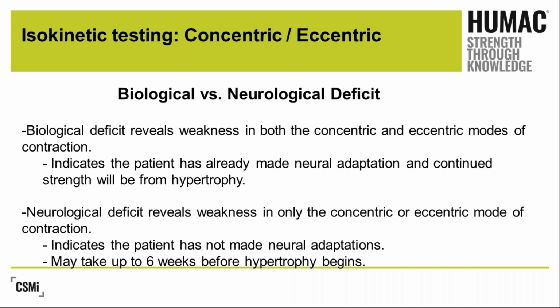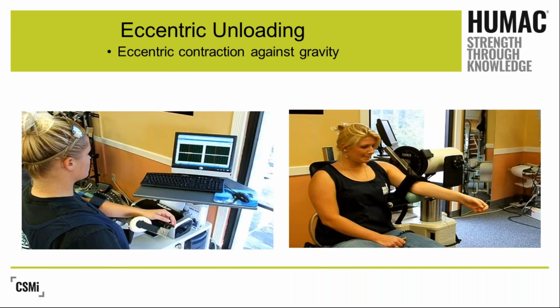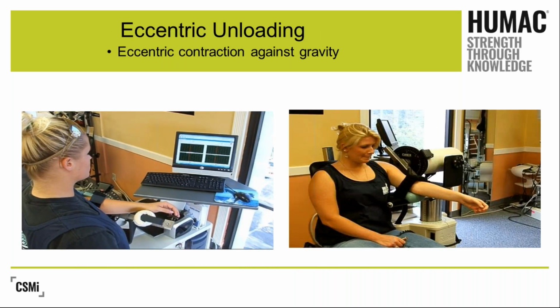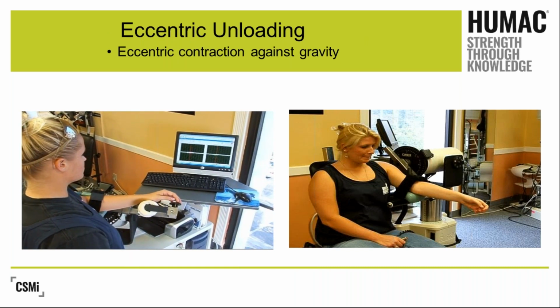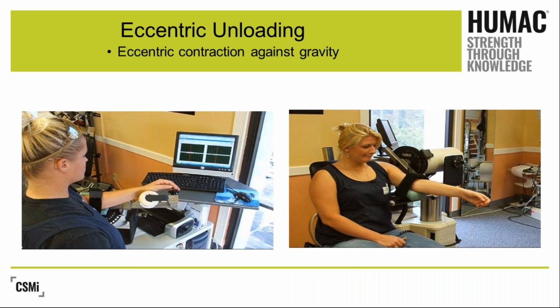But a neurologic deficit typically reveals weakness only in one mode of contraction, and typically it's the eccentric mode of contraction. And it becomes very important for us not to allow someone to go back into that training state without looking at each one of these. So again, in the future, we're going to look at different components that we can get into. We call it eccentric unloading.